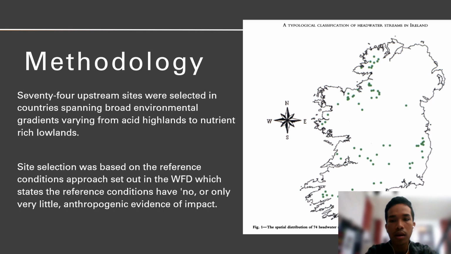The sites were either first or second order streams and were all within 2.5 km of the source as defined earlier. The streams are located between 35 meters above sea level and 490 meters.